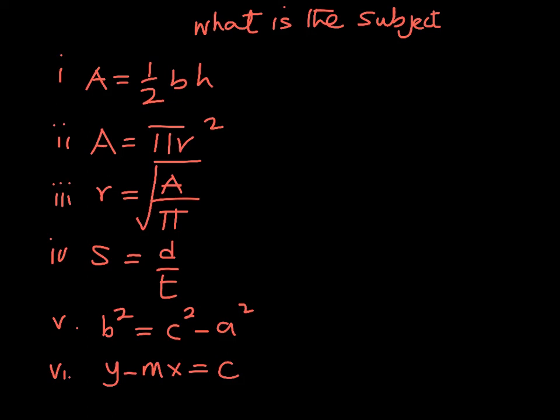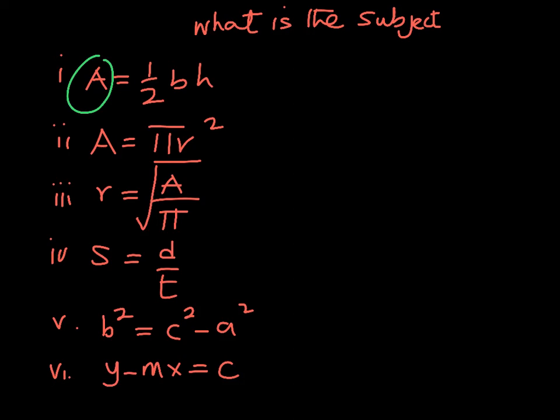Well, this is the area of a triangle. So what is the subject of the formula in this? Remember, our definition of the subject of an equation is that variable that lies all by itself on one side of the equation. Most times it's on the left side. So in this case, the area is the subject of the formula.